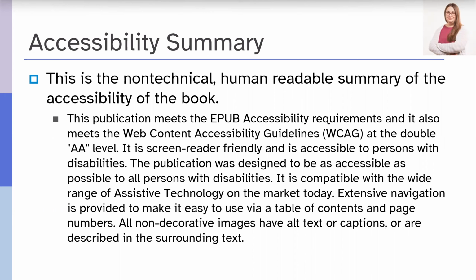This publication meets the EPUB accessibility requirements, and it also meets the Web Content Accessibility Guidelines at AA level. We included both of these because there is an EPUB accessibility specification, which I believe Sofia will go over during the additional resources, as well as WCAG, the Web Content Accessibility Guidelines, which I think we're all familiar with.